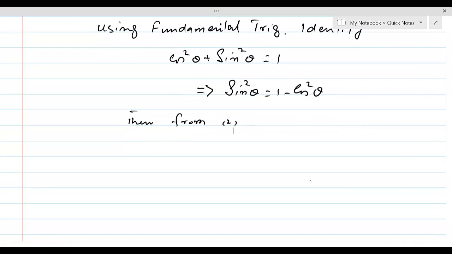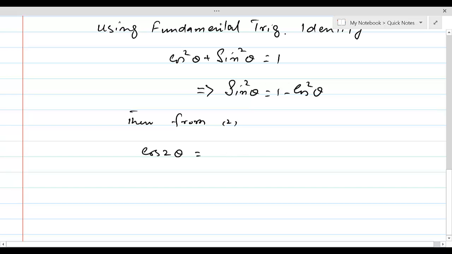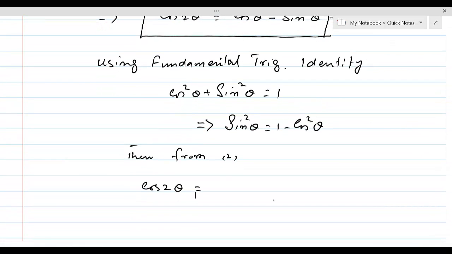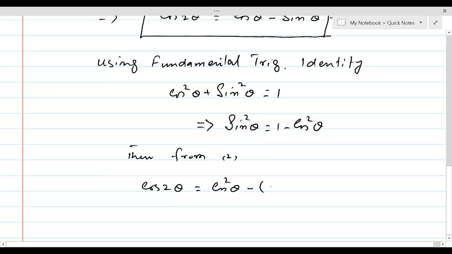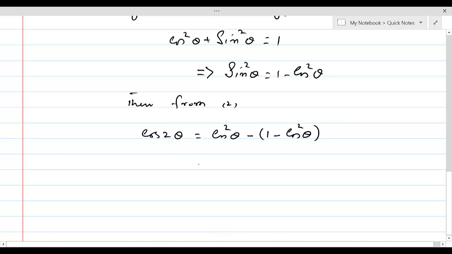we have cos 2 theta equal to cos square theta minus, instead of sine square theta we are going to use 1 minus cos square theta. So this time it would become cos square theta minus 1 plus cos square theta.